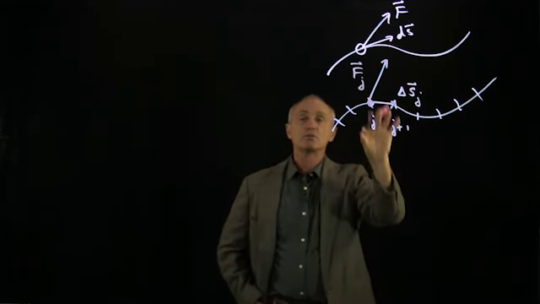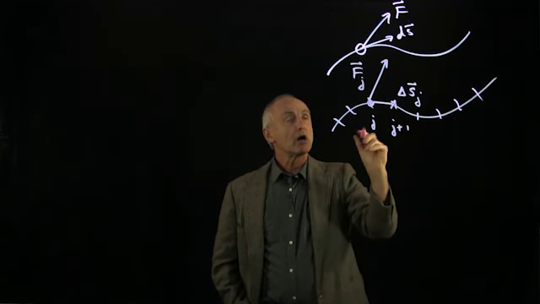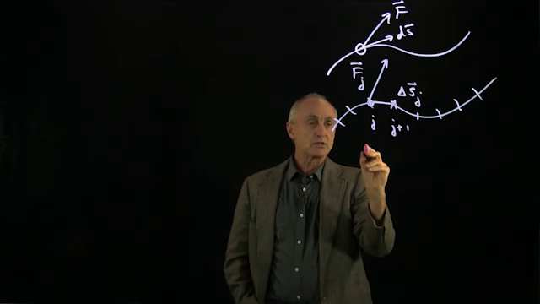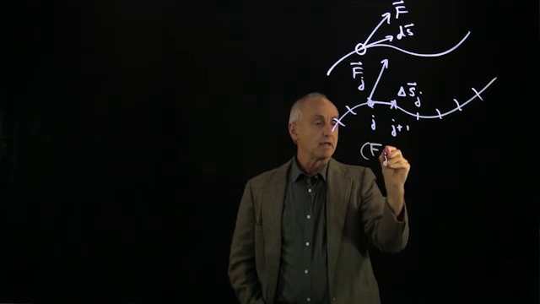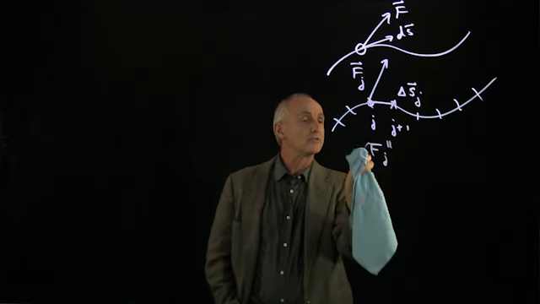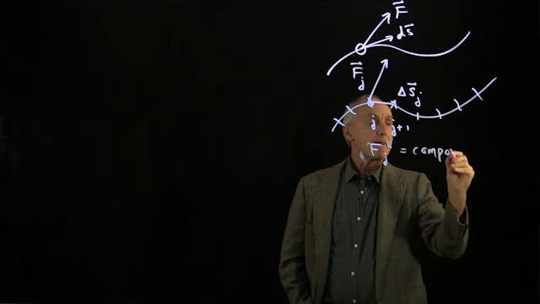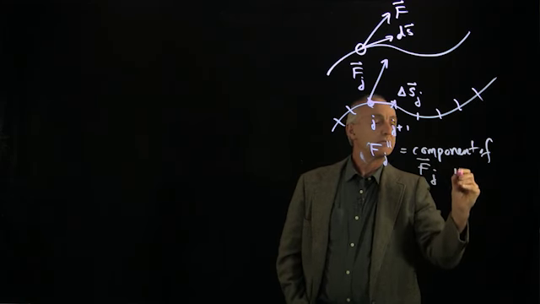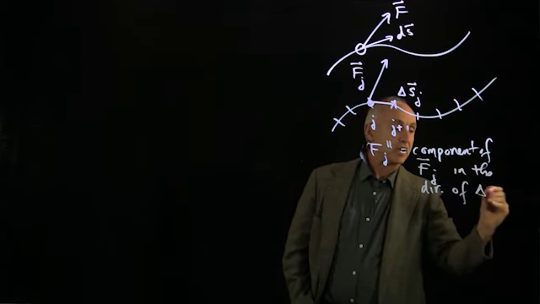And now what we'd like to do is define the work for this particular section. Now, our concept of work is the force in the direction of the displacement. So I'd like to define the quantity fj, with parallel lines upstairs. This is the component of the force fj in the direction of delta sj.